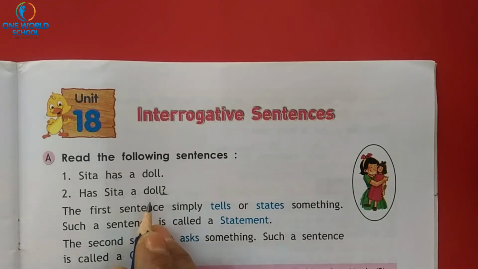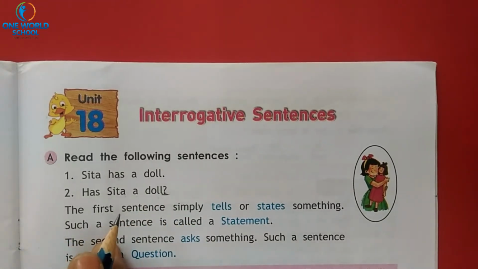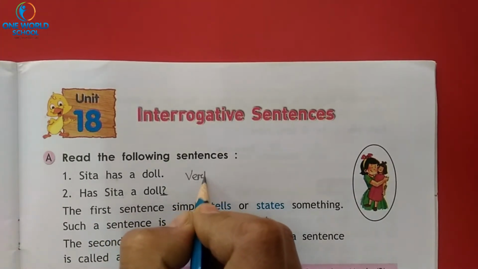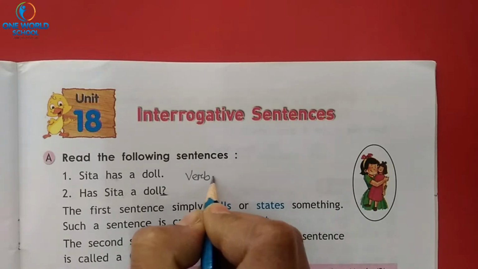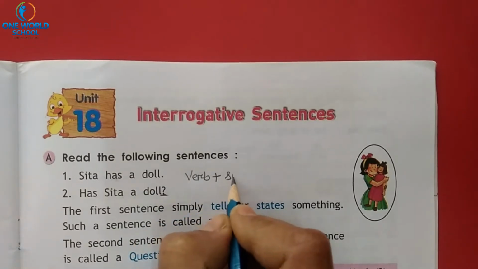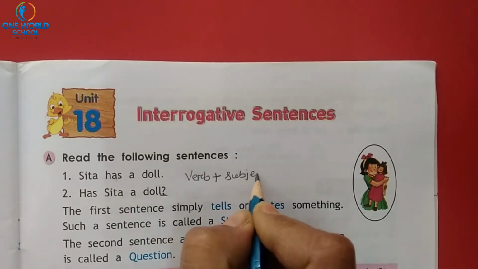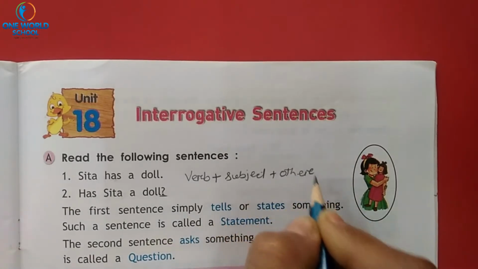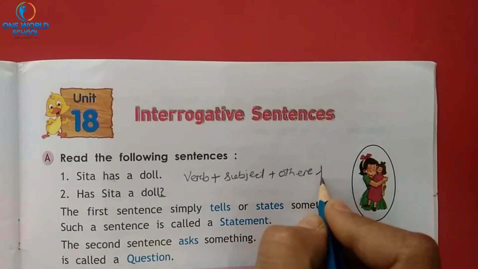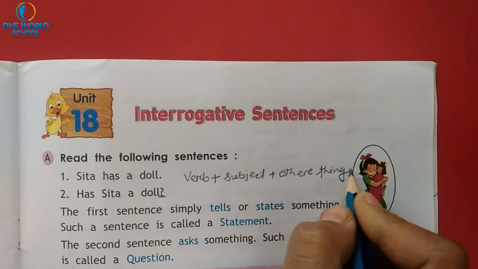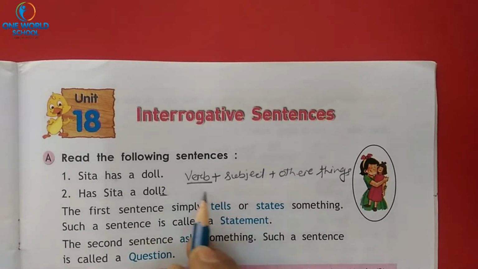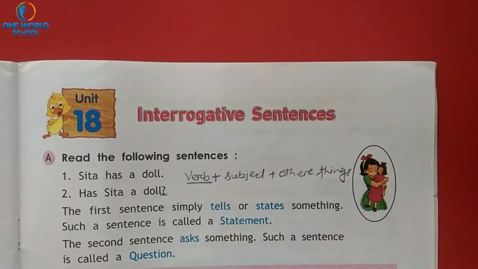So when an interrogative sentence is written, first the verb is written, next the subject is written, next other things. Always an interrogative starts with the verb, then the subject.